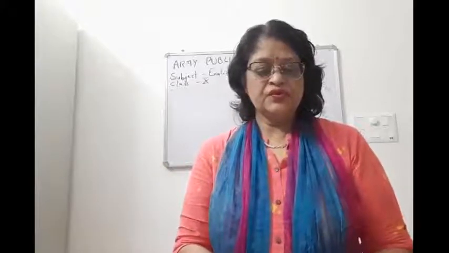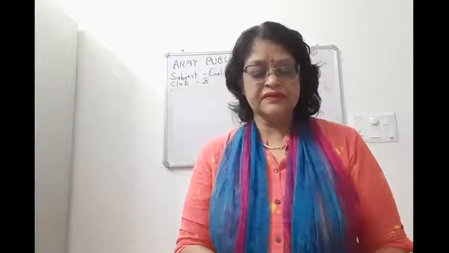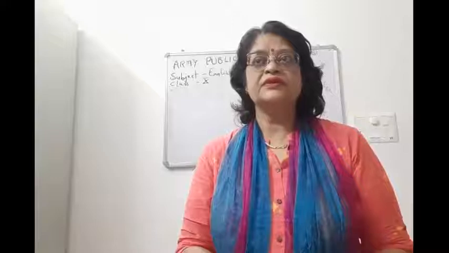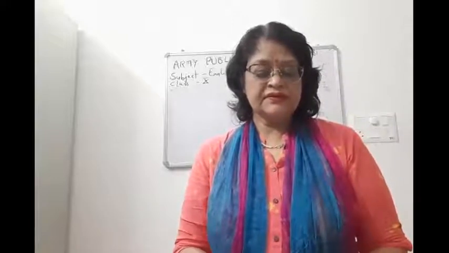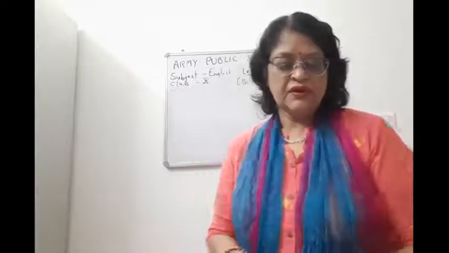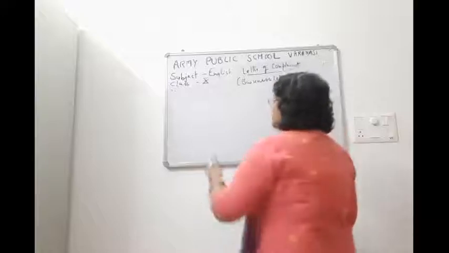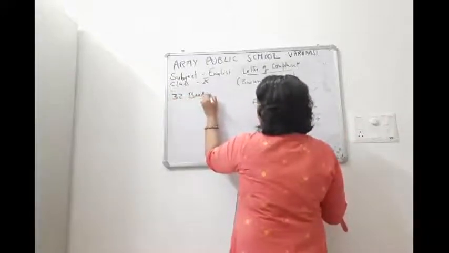Children, here the sender's address is there. Of course, the subject, we will know how to write the subject, and even the receiver's address is known to us. So first of all, we will write the sender's address. So it is 32 Bidanpur.